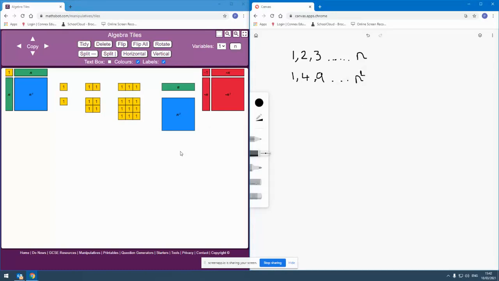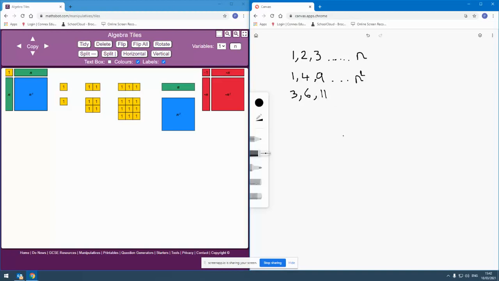And then from there, what we might do is play around with that a little bit and say, right, well, then we know how n squared links to n. So let's see what happens if I change some things about n squared. Let's say I go with something like 3, 6, 11.